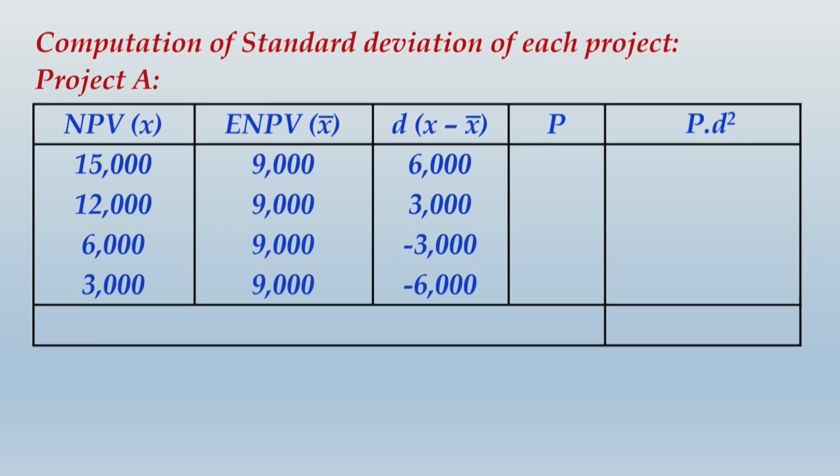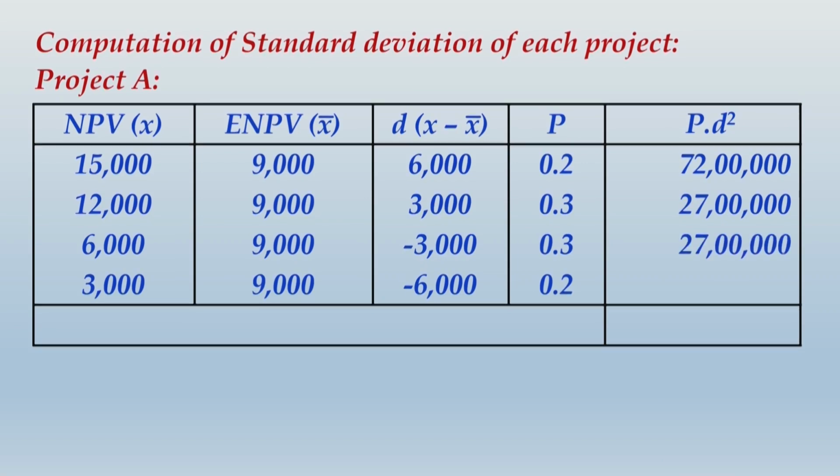Some deviations are positive, some are negative. You identify the probabilities, and what you then do is you take the squared value of deviations multiplied by their respective probabilities, that is P into D square. So it will be 6000 into 6000 into 0.2, and what you get is 72 lakhs. Then 3000 into 3000 into 0.3, what you get is 27 lakhs.